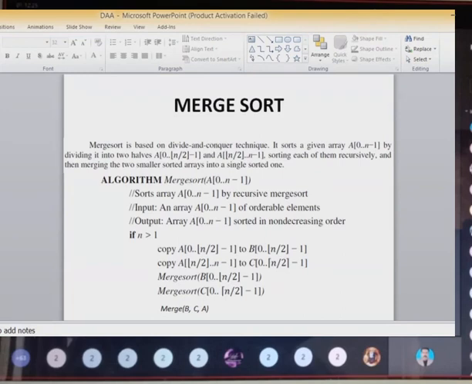This merge sort is based on the divide and conquer technique. Initially, all the values are divided into two subproblems. Next, solving the subdivisions. Finally, merging the sorted divisions to get the original problem.